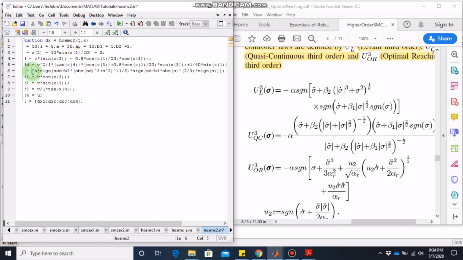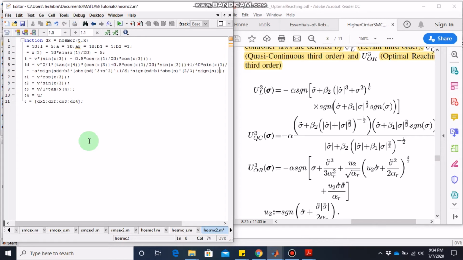It's minus A times sine of double derivative of the sliding surface plus beta 2 times absolute value of the derivative of sliding surface to the cube plus sliding surface square whole raised to the power 1 by 6 multiplied by sine of the derivative of sliding surface plus beta 1 times absolute value of sliding surface raised to the power 2 by 3 multiplied by sine of sliding surface.